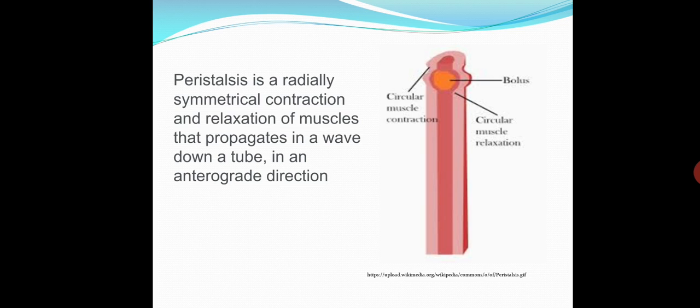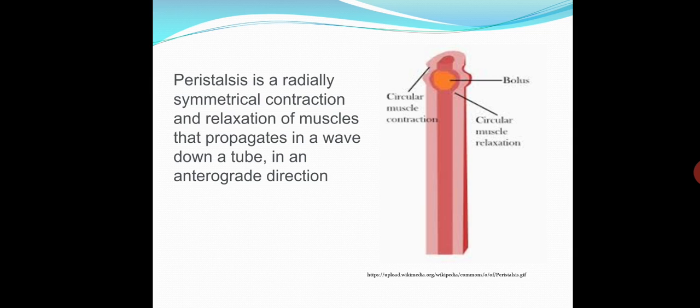This consists, as I told you, of lumen-obliterating contractions about 4 to 8 centimeters in length, which move down at a speed of approximately 2 to 4 centimeters per second.